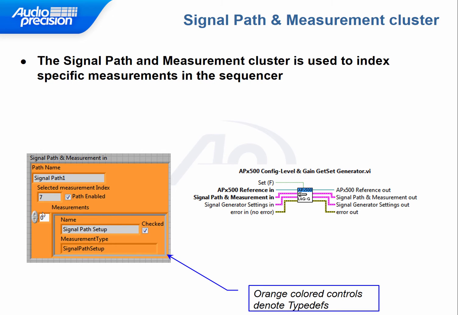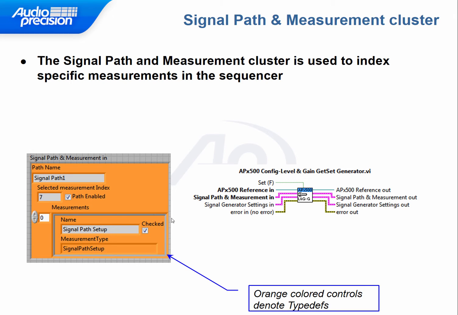And then there's an array of clusters of measurements, and each element in the array contains the name of the measurement, whether or not it's checked, and the measurement type. So this index here is an index into this array of clusters, and this tells us that we want to use element number 7 of the array, which in our case would be the signal analyzer measurement.